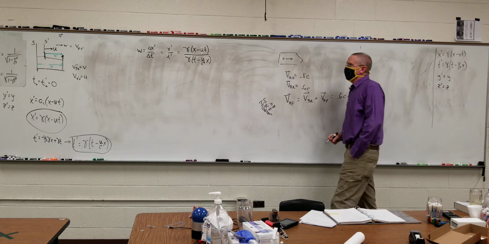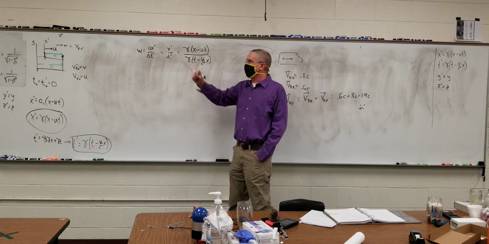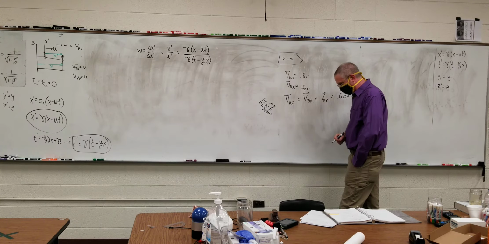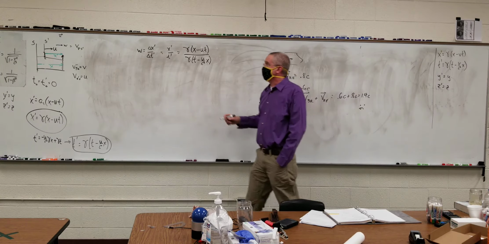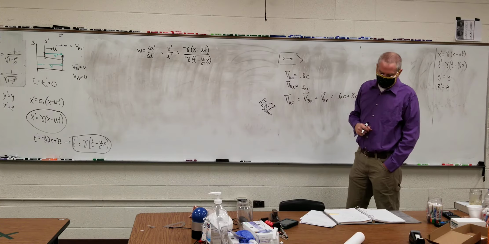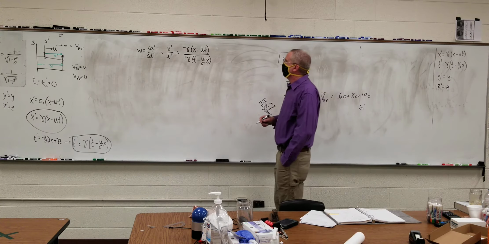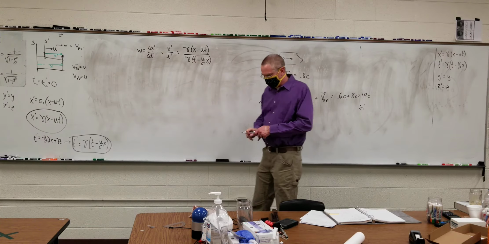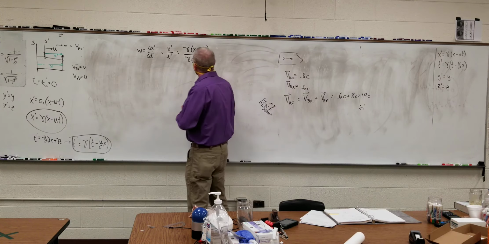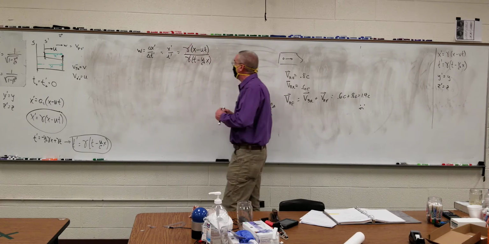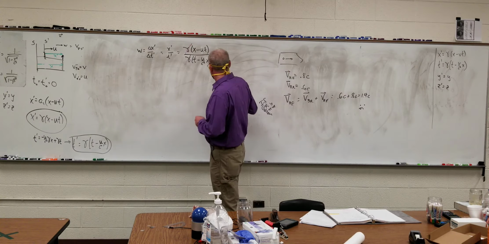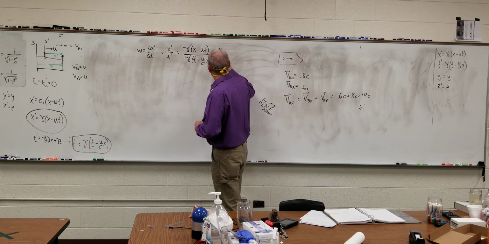Trying to put this in terms of what the S frame sees. Gammas cancel out. I'm going to divide top and bottom by time, so times 1 over time over 1 over time.